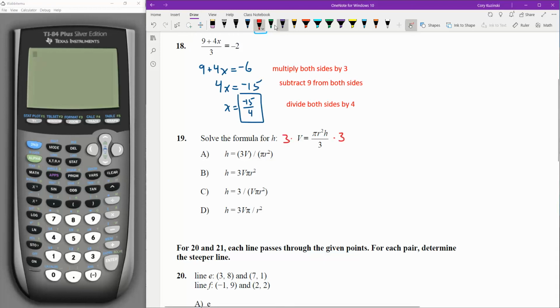Let's multiply both sides by 3. That'll give us, let's use purple here, 3v equals pi r squared h, because the 3's will cancel out. And then our next step is just going to be to divide by pi r squared.